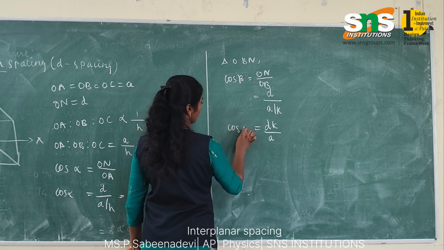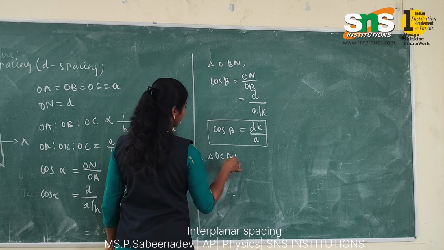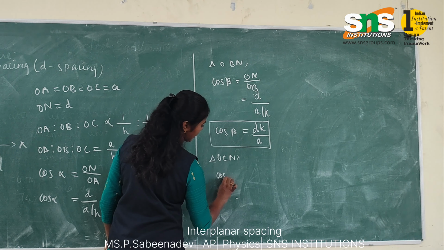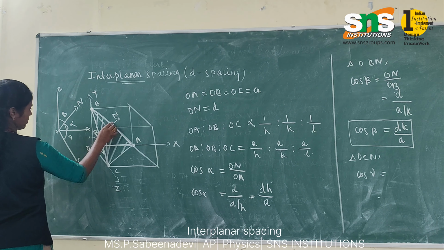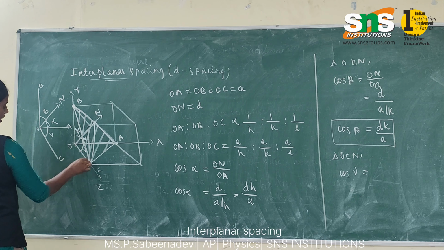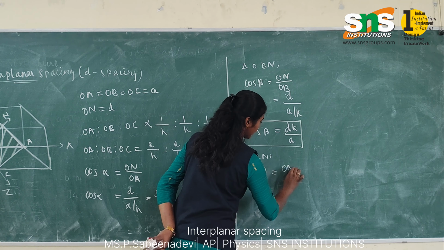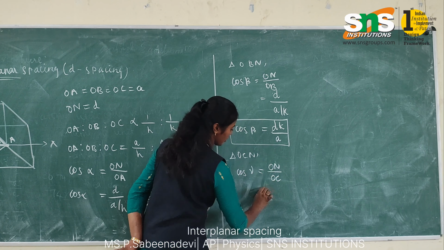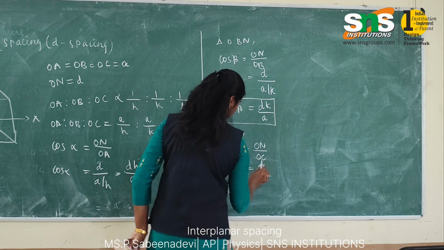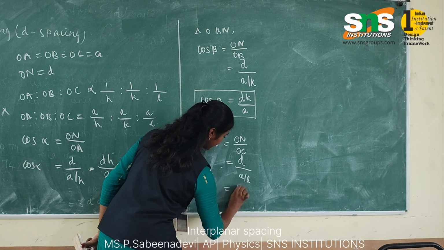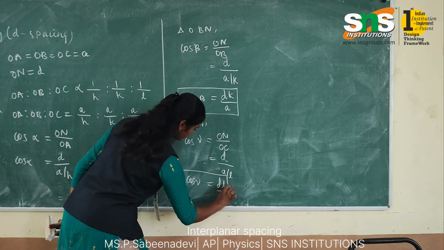So this is cos beta. Next let us consider triangle OCN, where the angle is gamma. Cos gamma is equal to ON by OC. Substituting ON as d and OC as a by l, that is equal to dl by a. So this is cos gamma.